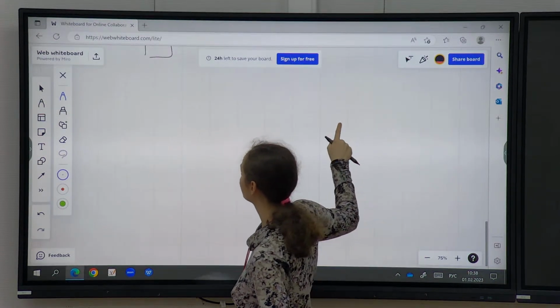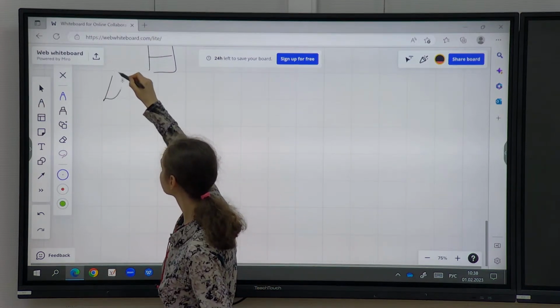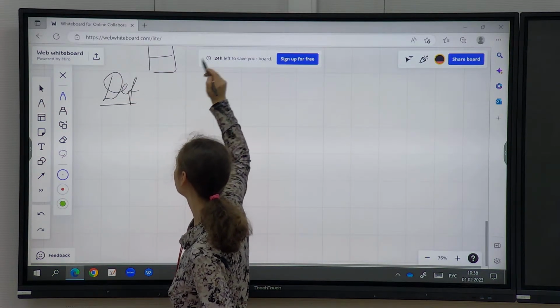One more definition before we start the proof.